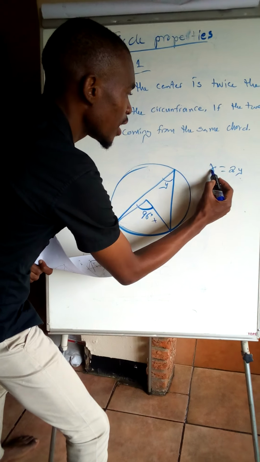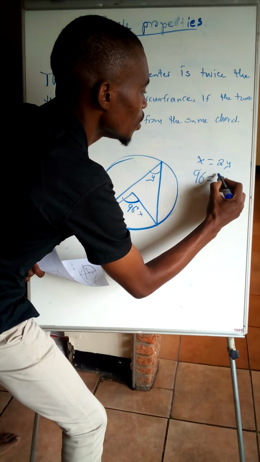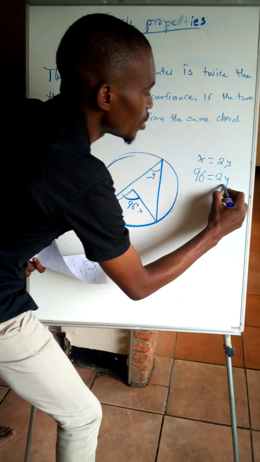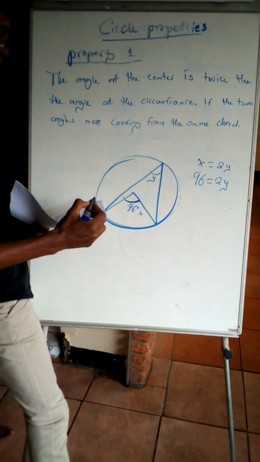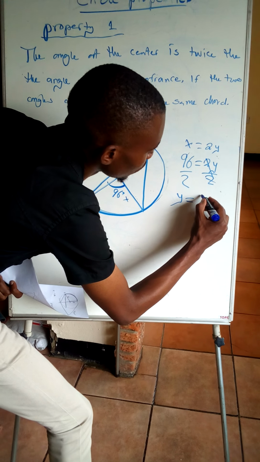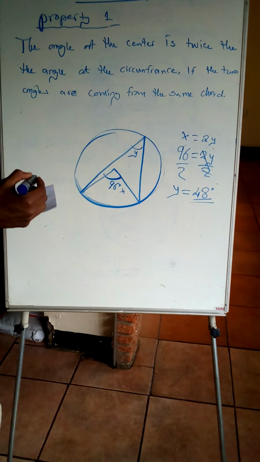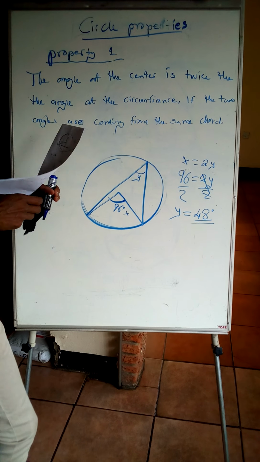Wherever there is X, we put 96, so 96 is equal to 2 times Y. Y is equal to 48 degrees. As simple as that.